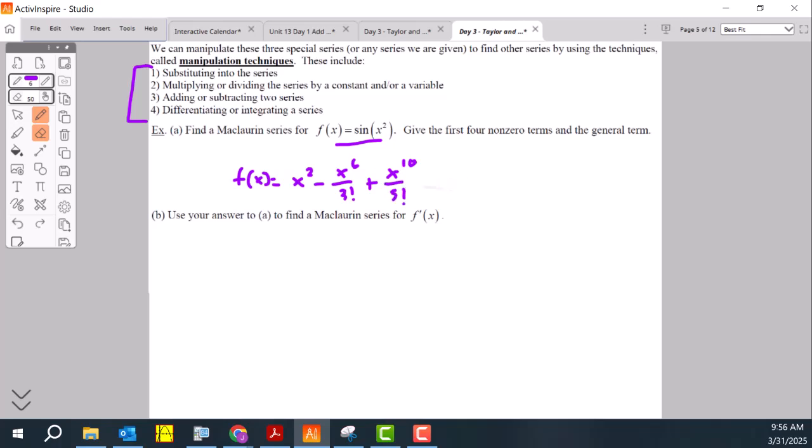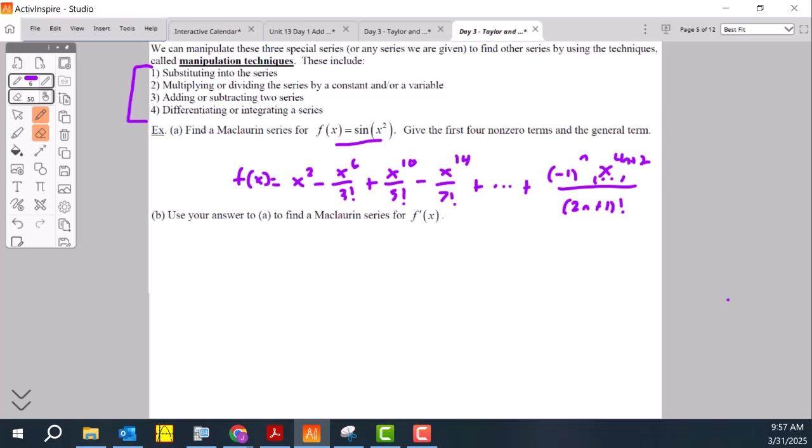It also wants the first 4 terms, so we need one more, x to the 14th over 7 factorial. And then we also want a general term. We have x squared to the 2n plus 1 over 2n plus 1 factorial. X squared to the 2n plus 1 simplifies down to x to the 4n plus 2. So there would be our general term.